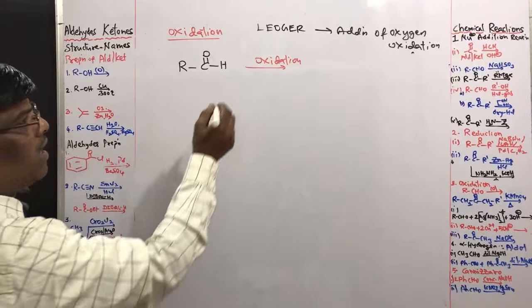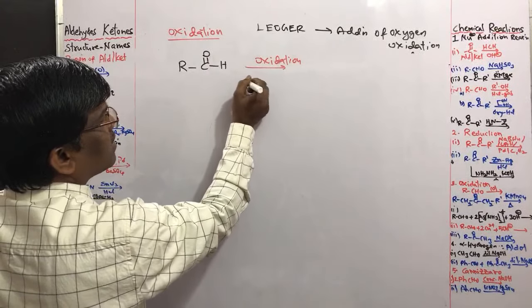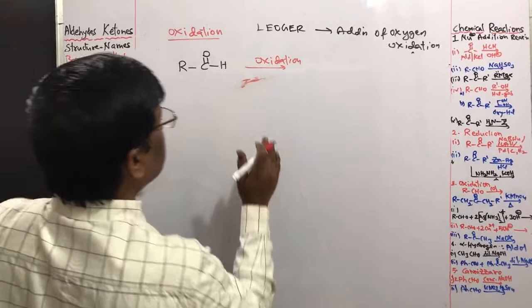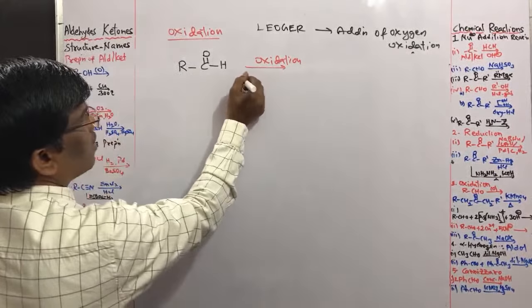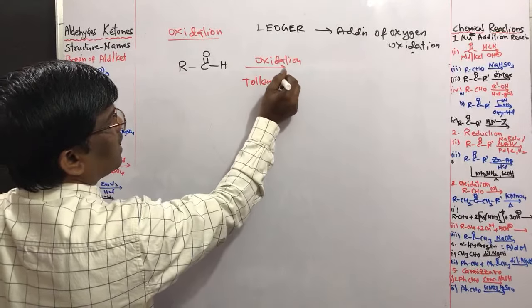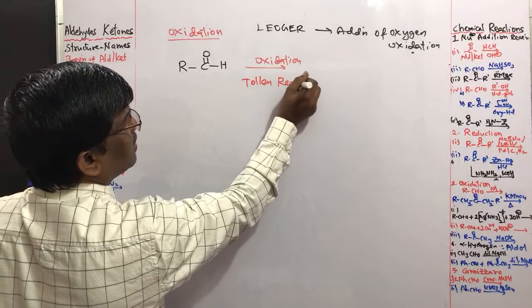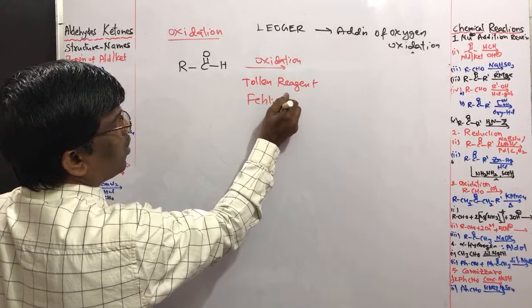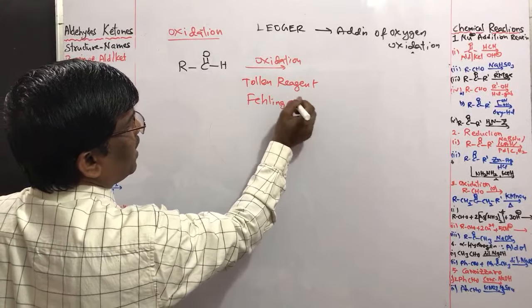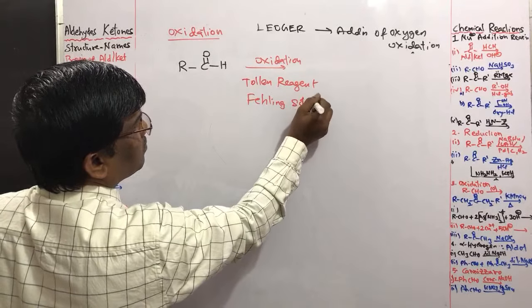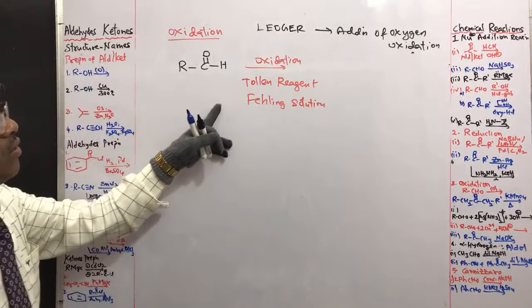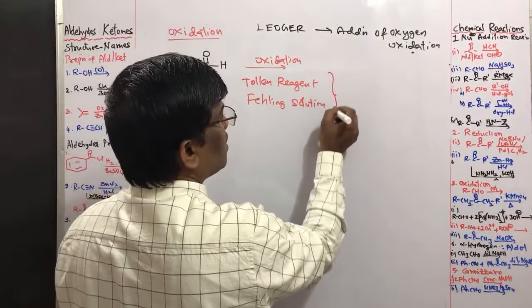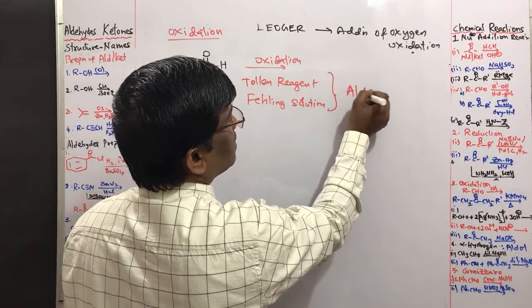Yes, so mild oxidizing agents, for example, Tollens reagent and Fehling's solution. I am going to give the equations for these. Tollens reagent and Fehling's solution are specific tests for aldehydes.